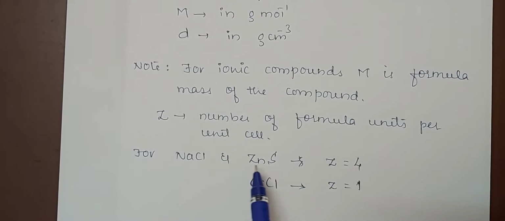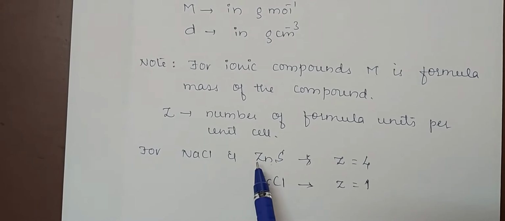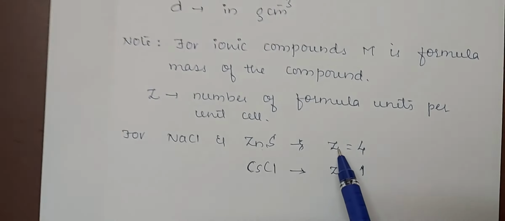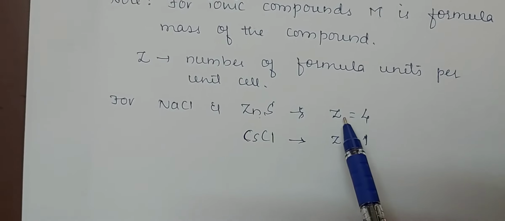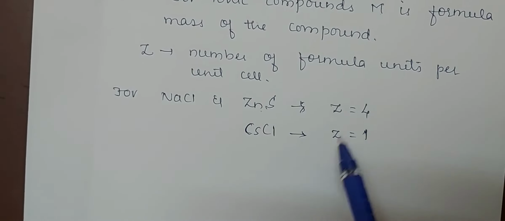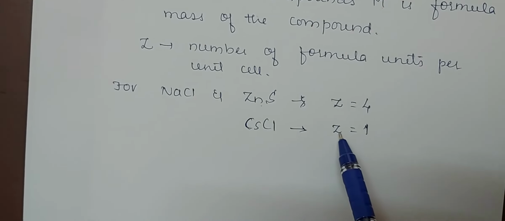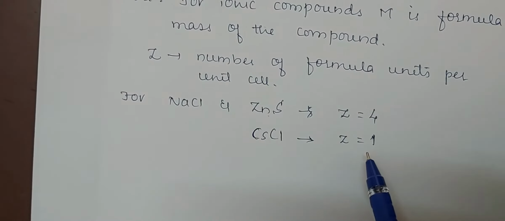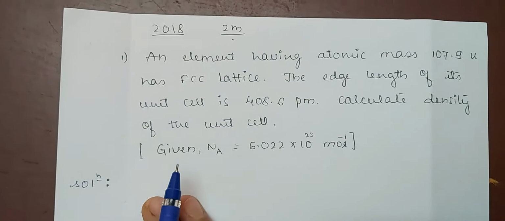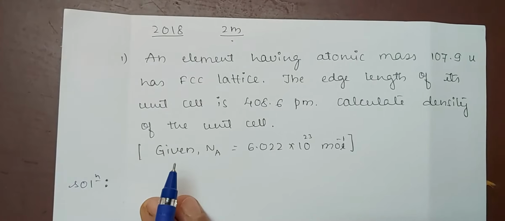For NaCl and zinc sulfide, which are ionic compounds, Z, the formula units, is equal to 4, and for cesium chloride, Z is equal to 1.